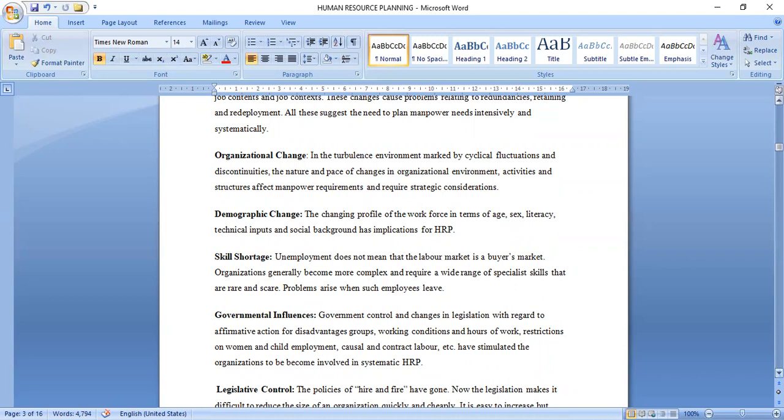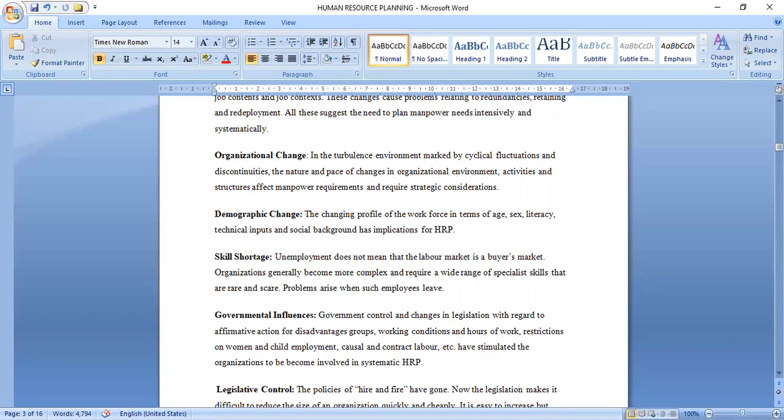Maybe previously it has been dealing with production of goods and services, but now it's transforming maybe to a consultancy, to provision of consultancy services. So definitely there, it will require a change in the human resource, which it will require a change in the employees.